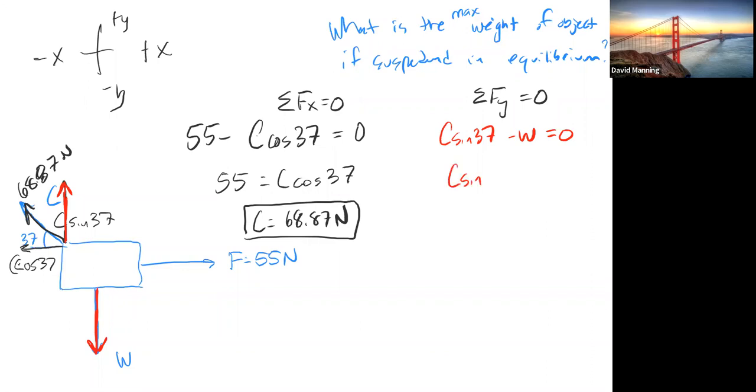C sine of 37 equals W. W equals 68.87 sine of 37, which is 41.35 newtons.